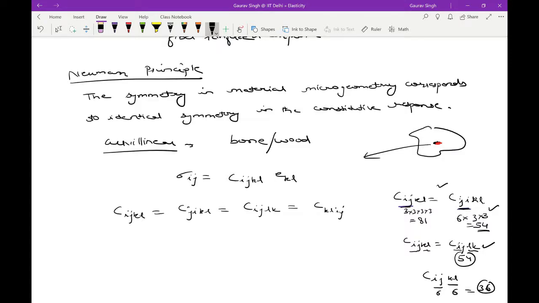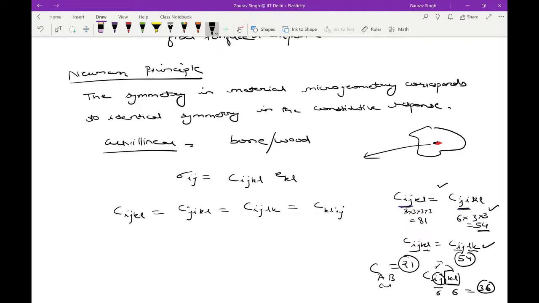Okay, and even among this, ij as a whole can be interchanged with kl. So if you take this as CAB and AB can be interchanged, then you can write these 36 components, and then the symmetric parts would go away, and then you would only have 21 elastic constants.